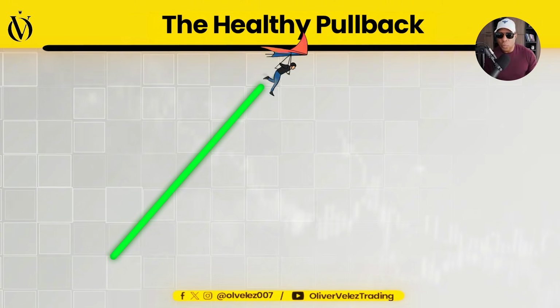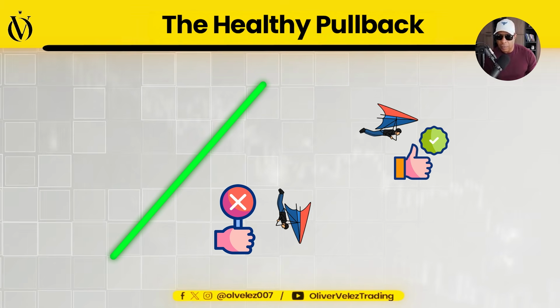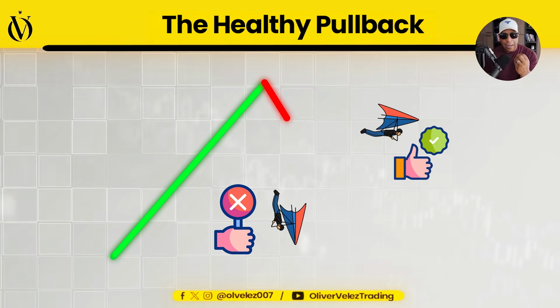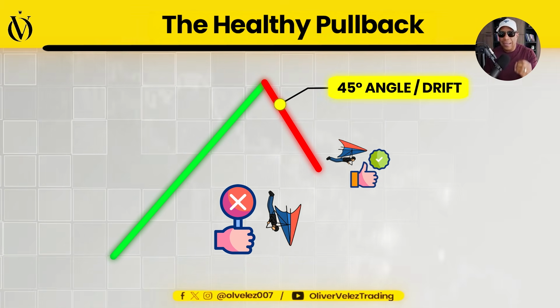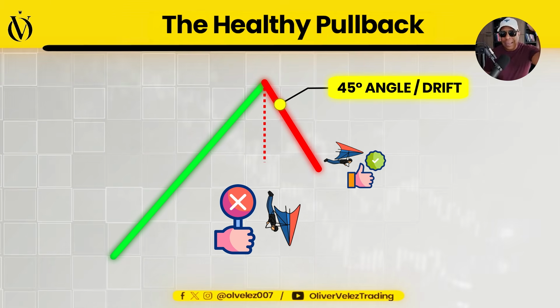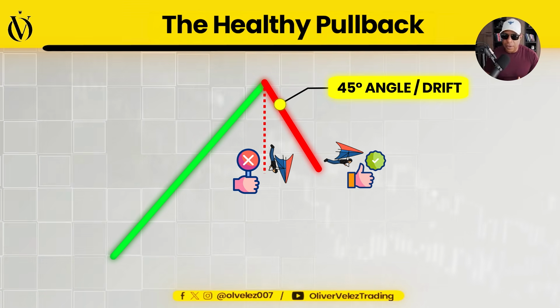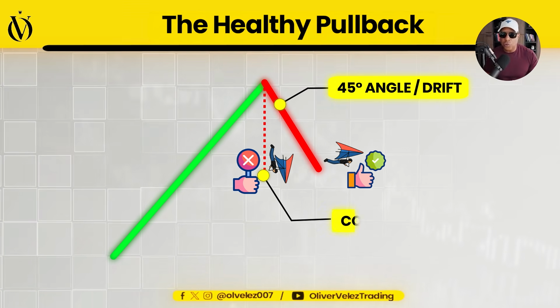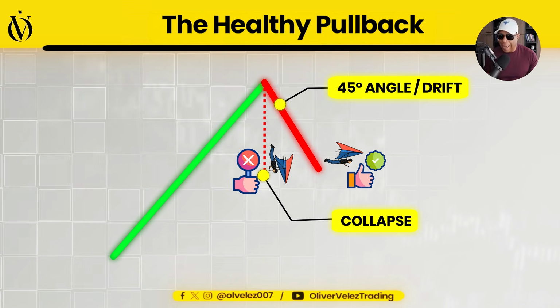But you see, he doesn't want to trip and fall straight down. Your pullbacks that are healthy, they drift down the mountain. They don't starkly trip and fall straight down from the mountaintop. There's a difference between a drift and a trip or a collapse.